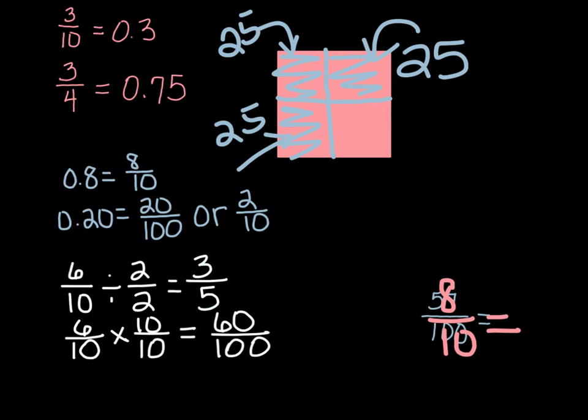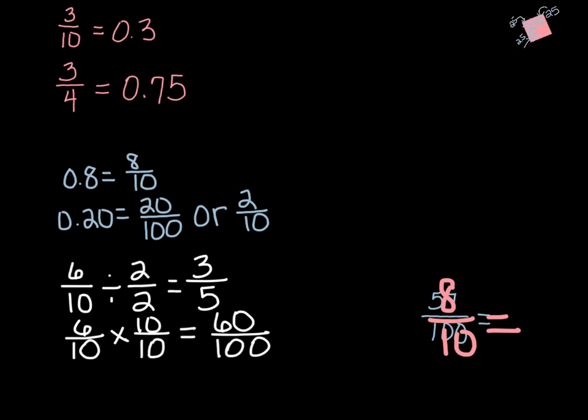I can also multiply, like we did in a previous lesson. With this fraction, I have 6/10. I'm going to multiply the numerator by 10 and the denominator by 10, and I get 60/100ths, and that would be an equivalent fraction for 6/10.